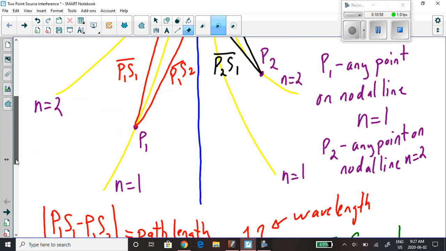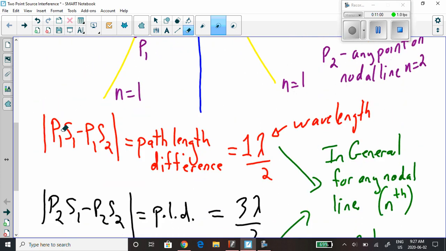So that's what we have here. The magnitude of the difference in length between P1 S1 and P1 S2 is known as the path length difference, and on the first nodal line, n equals 1, that difference in length is 1 times lambda over 2.